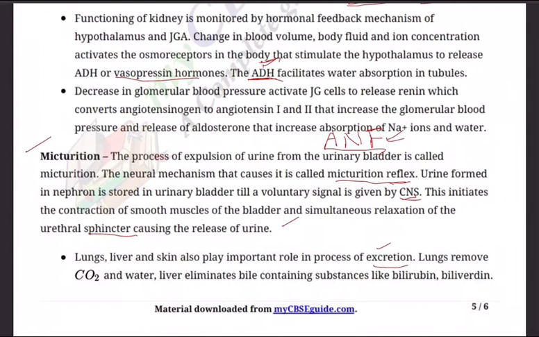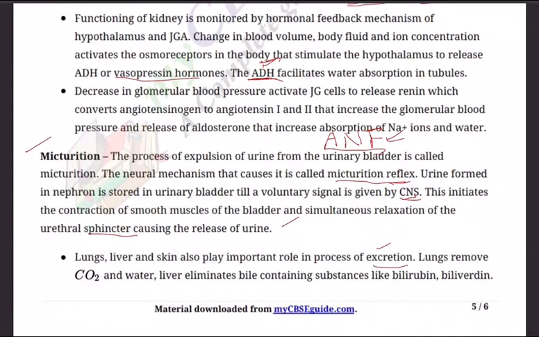This is how urine will be released from inside our body, from the urinary bladder to outside. And of course there are other organs which also play an important role in excreting various materials, like lungs, liver and skin. Lungs remove CO2, as all of us know, and water.